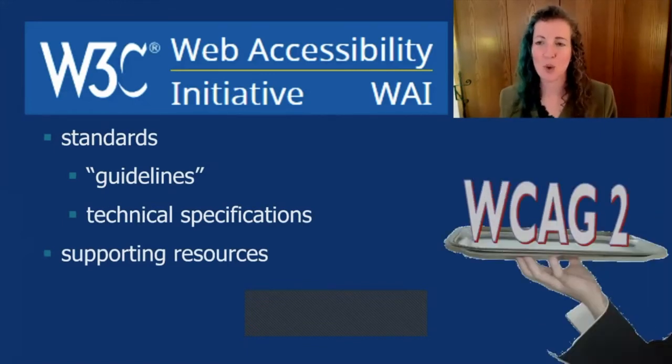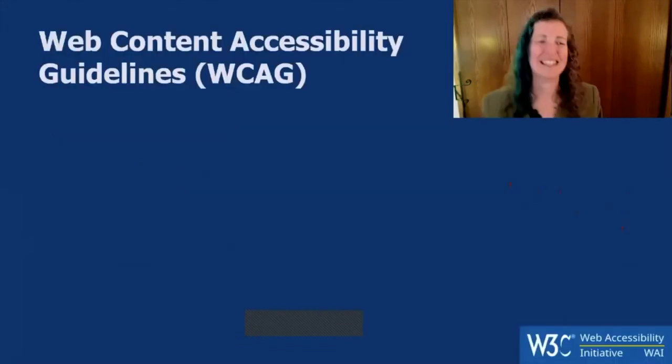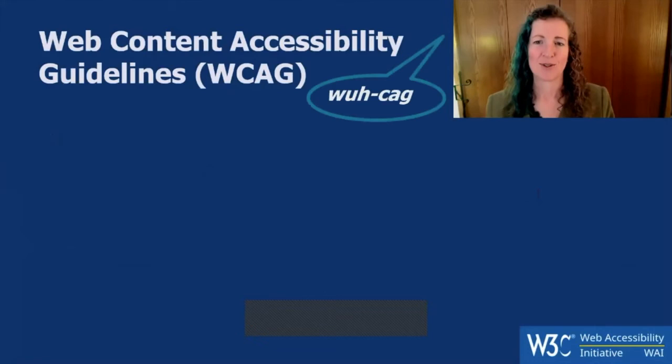And one of those is WCAG. What do I mean by that? That is the Web Content Accessibility Guidelines, or the acronym is WCAG, which I say is WCAG, but I'll say WCAG today.